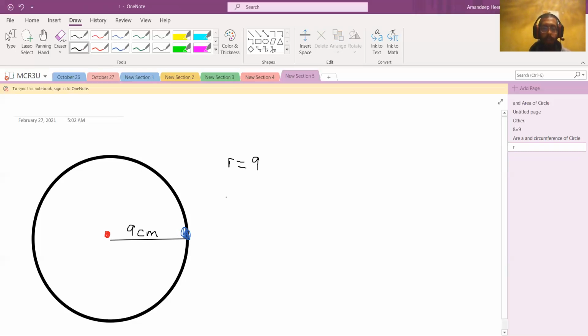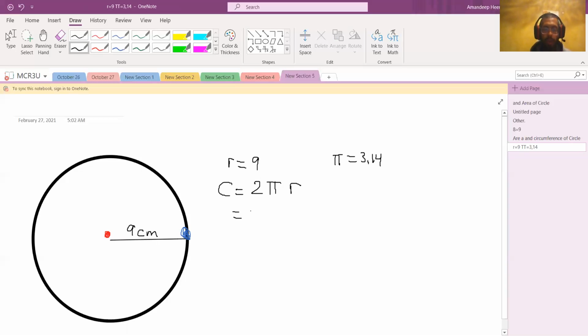Okay? Now let's calculate the circumference of the circle. It is 2 times pi times the radius. Again, pi is 3.14. So let's replace pi with 3.14 and let's replace r with 9.